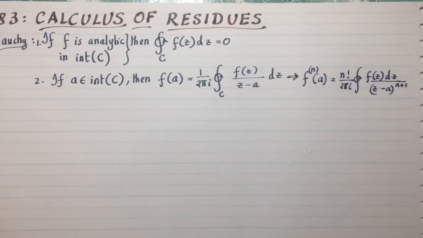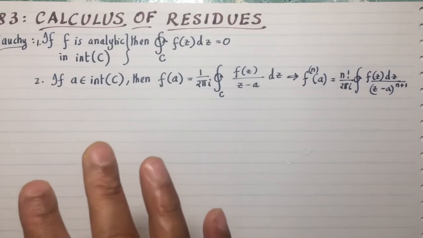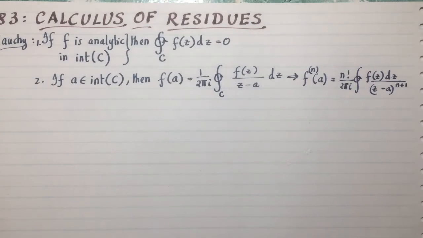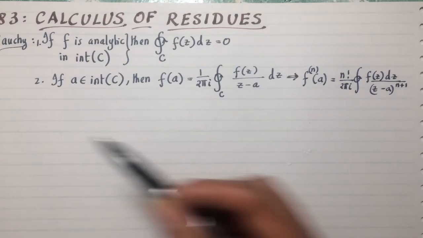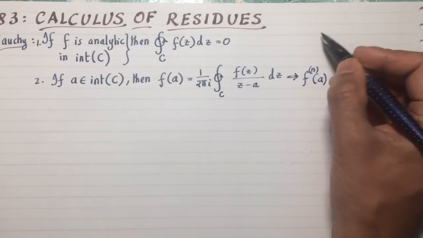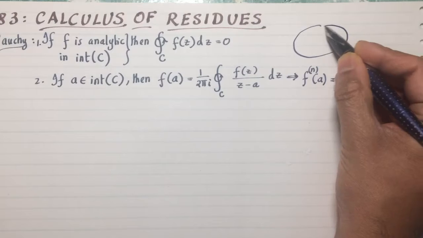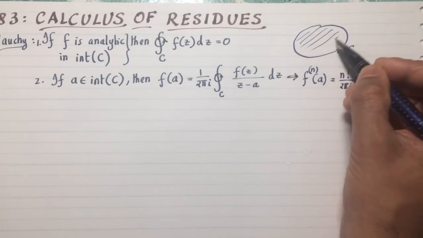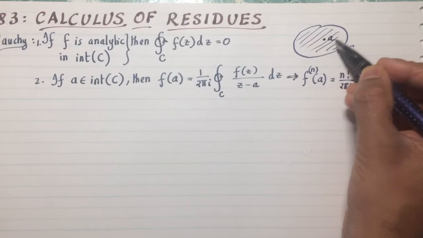So the beautiful thing about these two theorems of Cauchy is that you can find the value of a function in the interior of the domain by simply looking at its value on the boundary C, because C, remember, is the boundary of this domain. And the interior points are the murky places where you don't know anything about it.